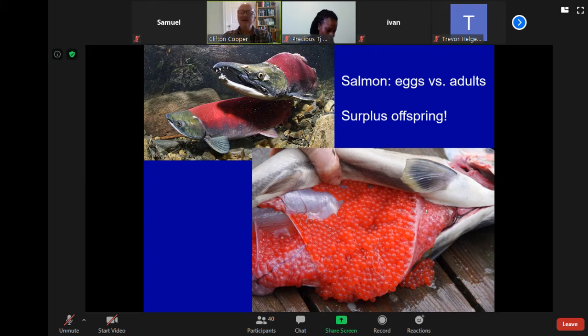If she lays thousands of eggs, she's doing the reproduction, which basically ends up replacing herself and her partner. And meanwhile, there are other fish coming up replacing themselves. But it takes a lot of eggs to be able to do that, because most of the eggs will end up dying along the way.